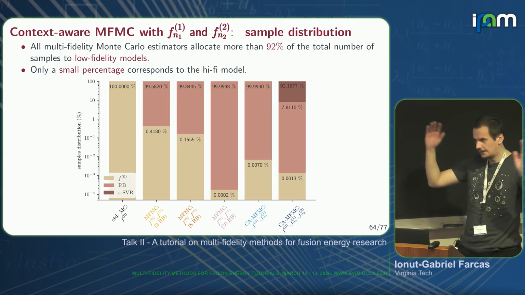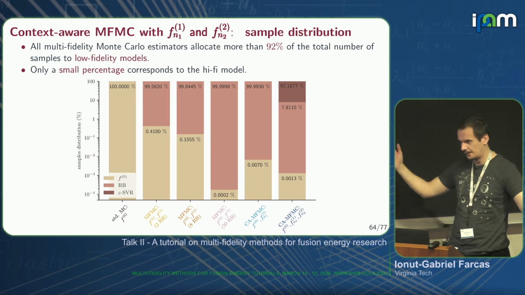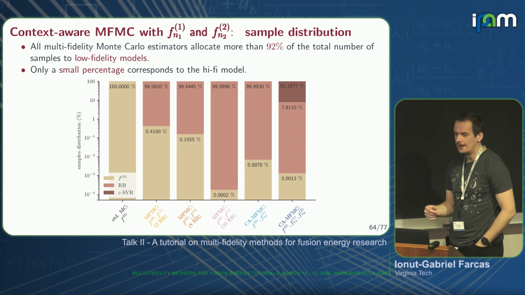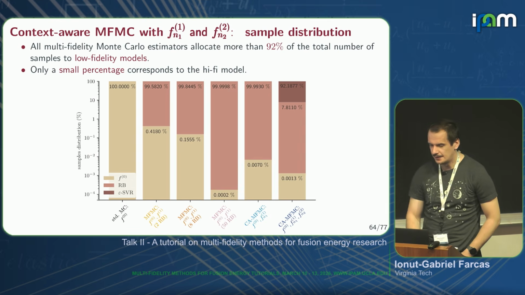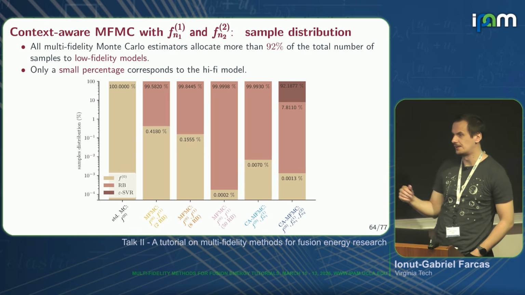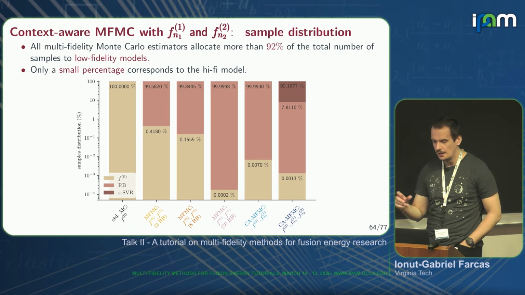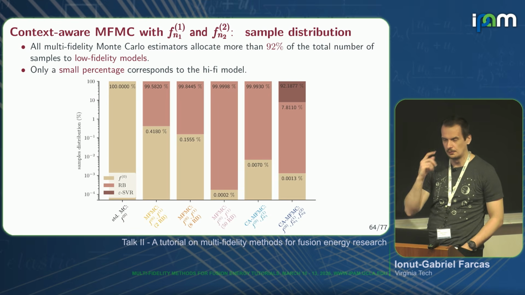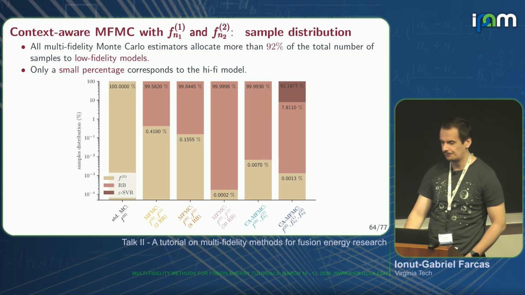So from the total of samples that the budget permits, we see that in the multi-fidelity estimators more than 99.9% of the samples are allocated to the low-fidelity models, whereas a small percentage is used by the high-fidelity model, which is what we want. So we don't want to query the high-fidelity model too many times.